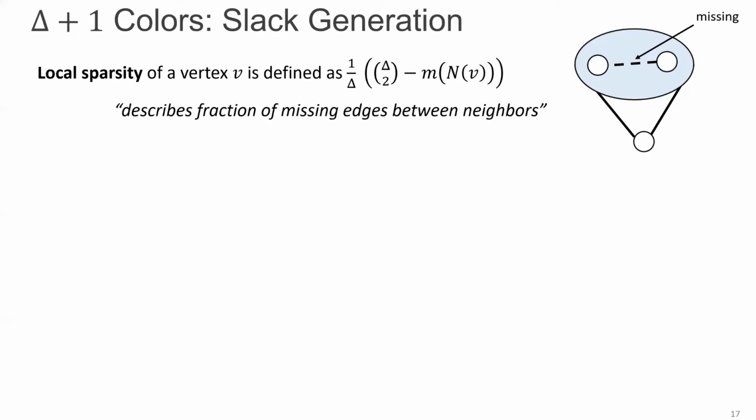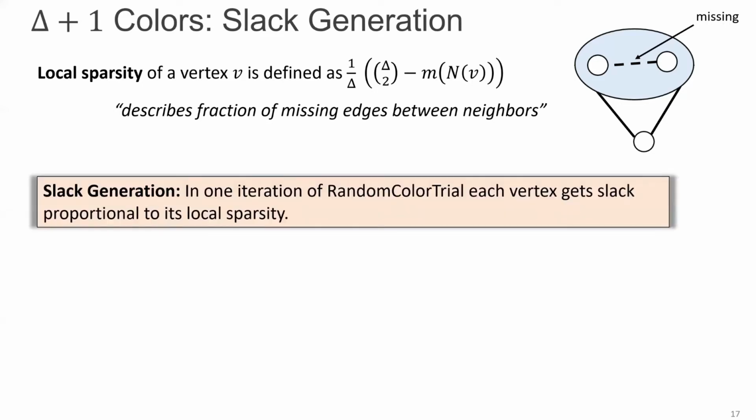Because if you have such a node and they're very sparse, many edges are missing, then what one can show is that if you just execute this very simple random color trial algorithm for one round, then many of these vertices in the neighborhood, which do not have an edge between them, get colored with the same color.